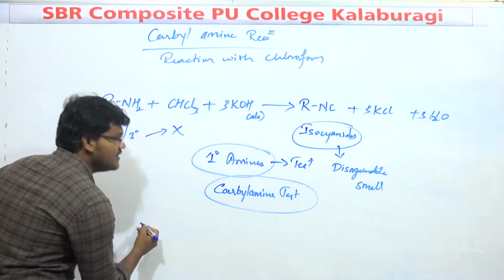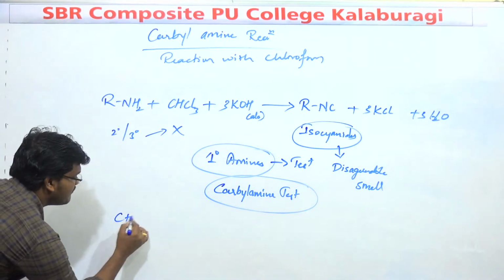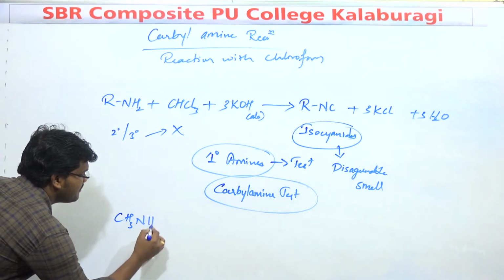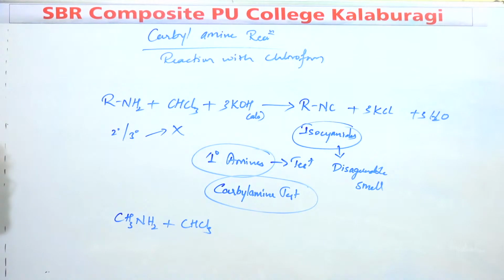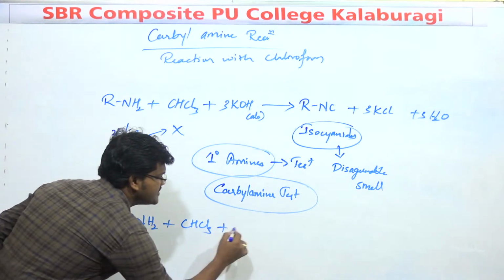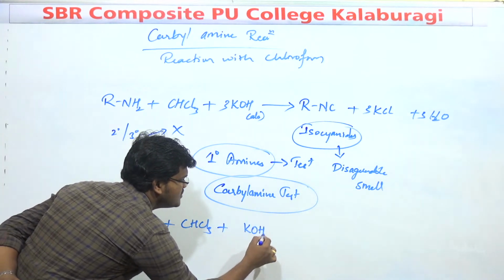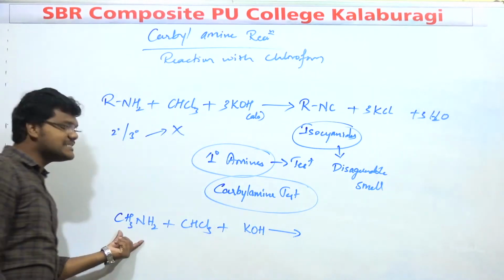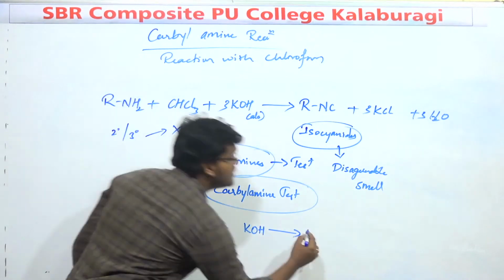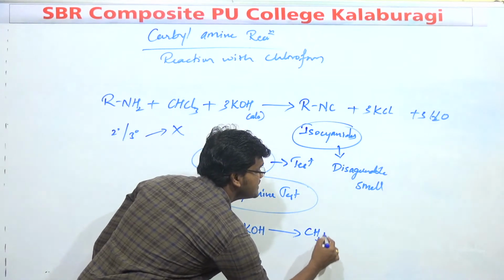I will write the example over here. I am having CH3NH2 made to react with chloroform CHCl3 in presence of alcoholic KOH. So CH3NH2 gets converted into what? CH3NC.